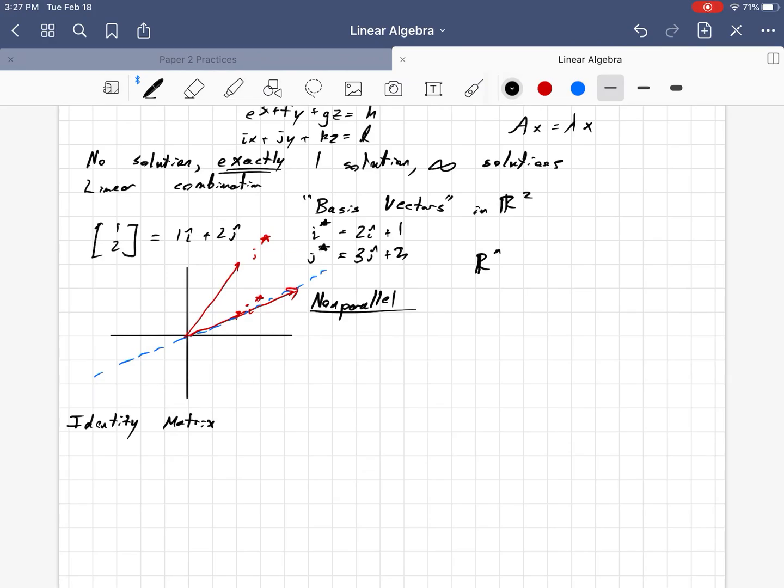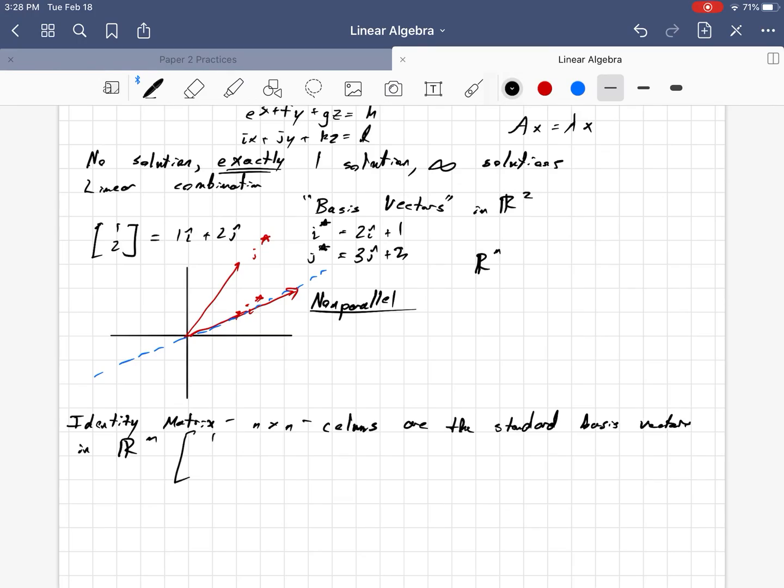And we define the identity matrix to be a square matrix, so it's n by n, and the columns are the standard basis vectors in R^n.